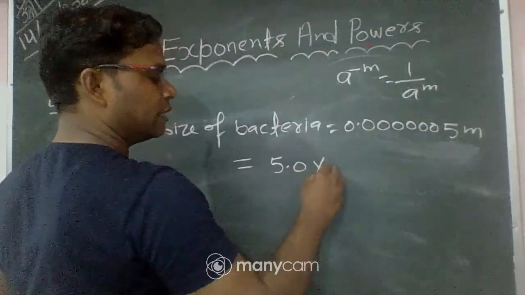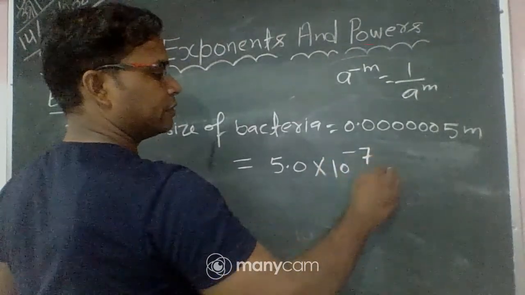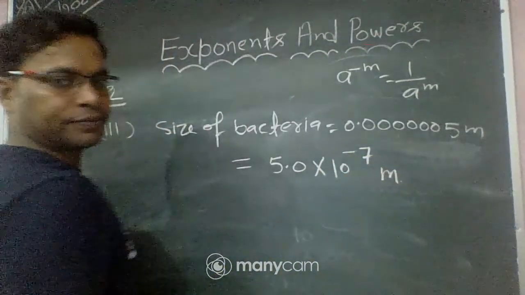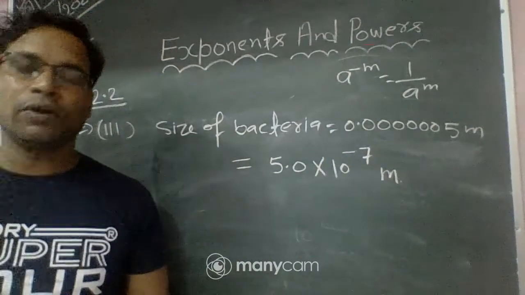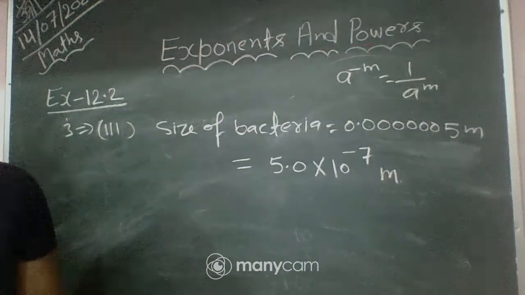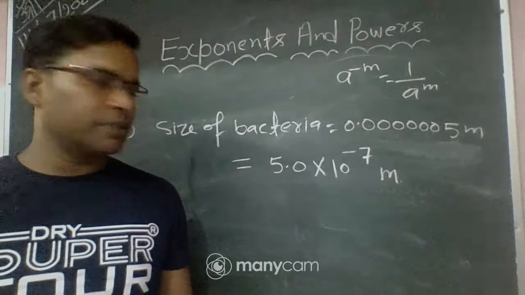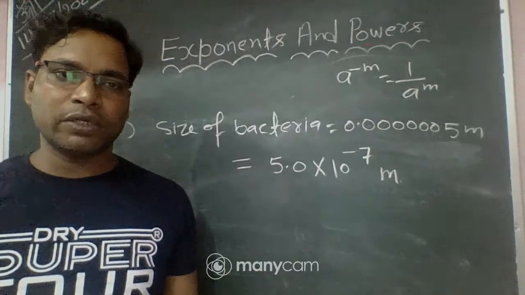So you can write 5.0 into 10 power minus 7 meter. Okay, and the remaining part of this question you can do yourself.